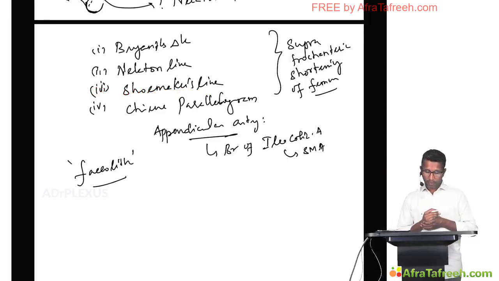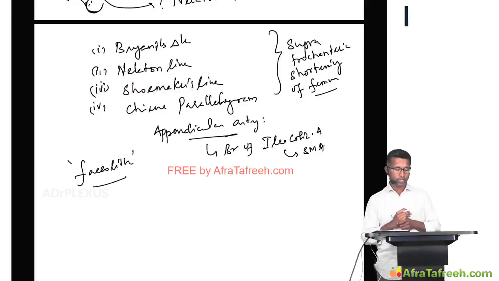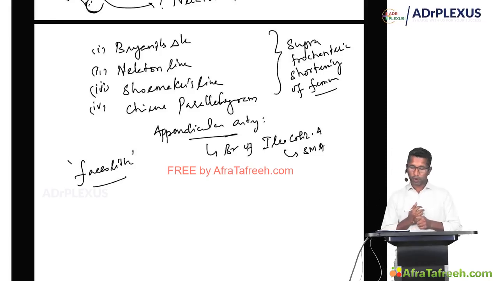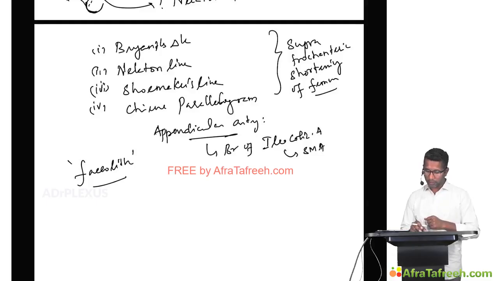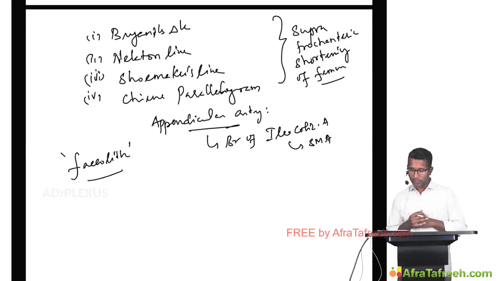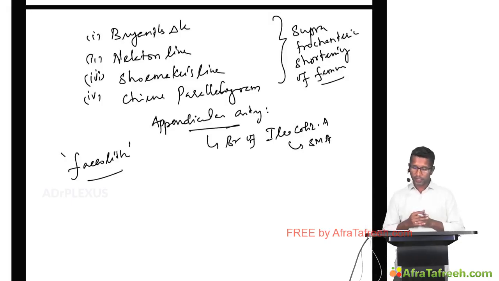And can anybody tell me, when they do appendicectomy, what is a nerve that is commonly injured? Yes guys, it is the iliohypogastric nerve. Excellent guys.